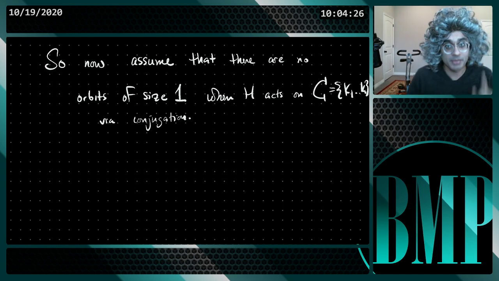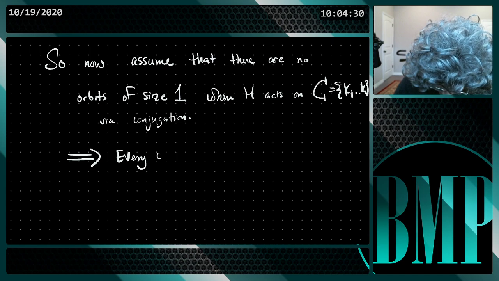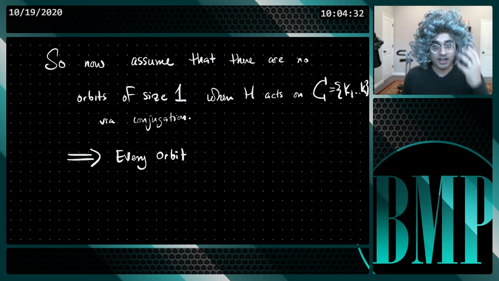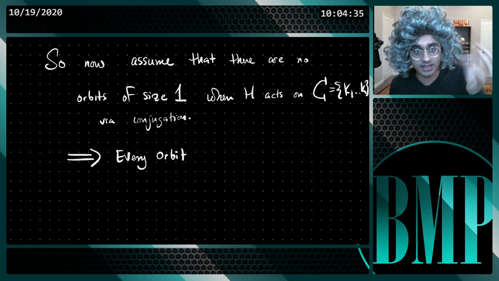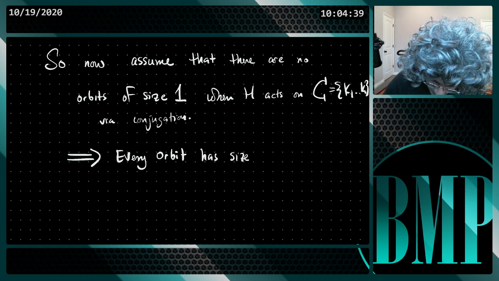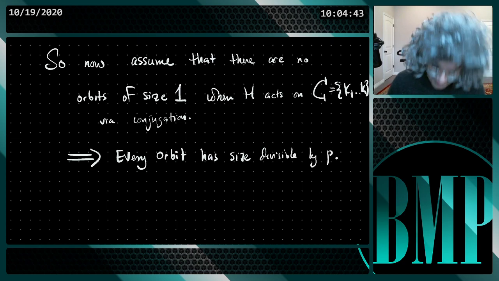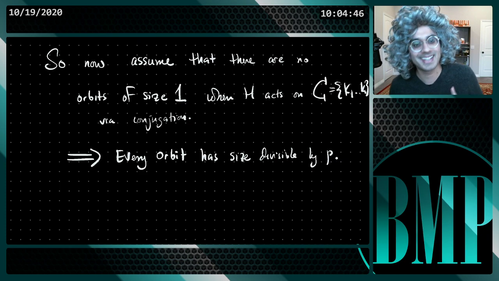But then every orbit under this action has size divisible by P. Right?